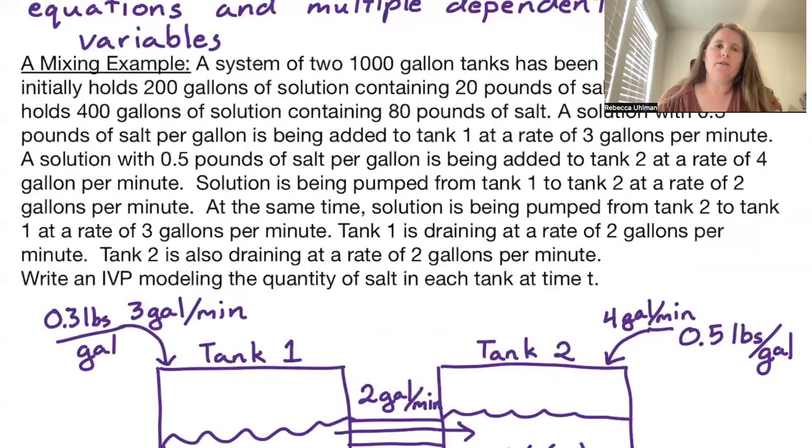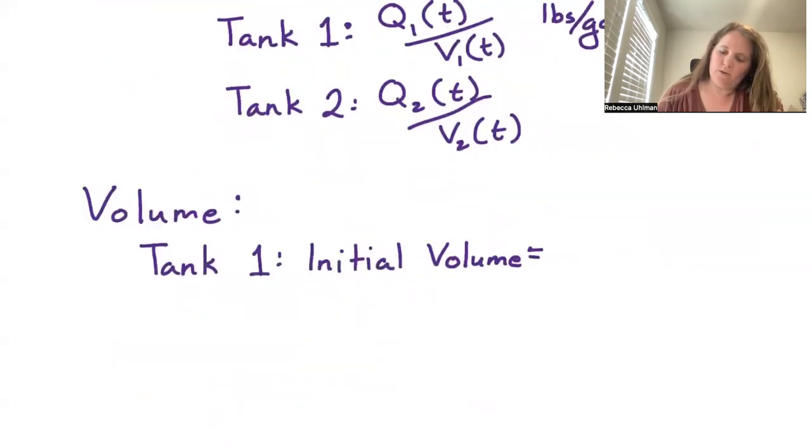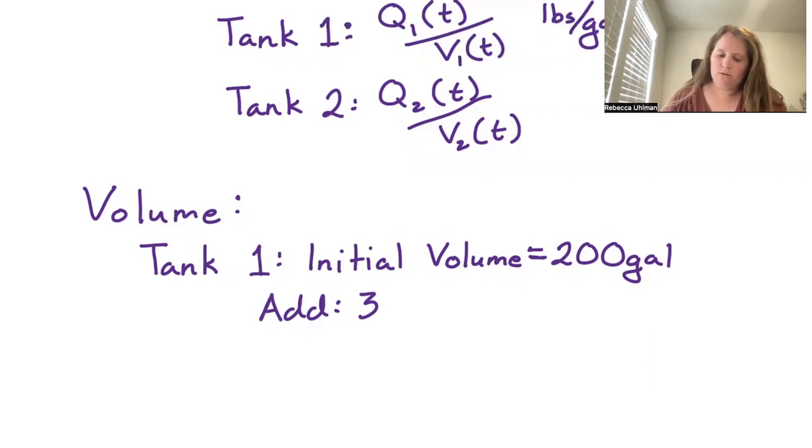Yes, so tank 1 initially holds 200 gallons. We add 3 gallons per minute from the external solution.